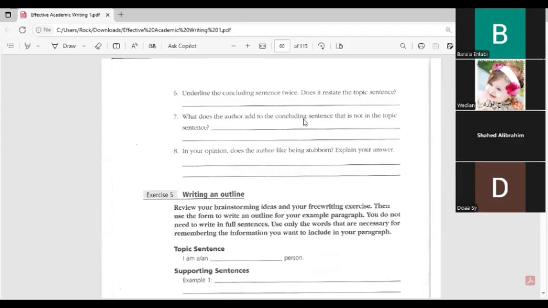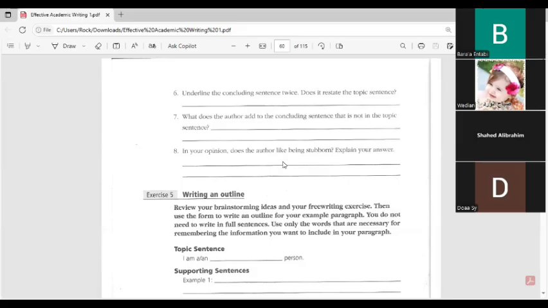This was not found in the topic sentence. So as I told you, in the concluding sentence, you can add your opinion and your feelings. You can restate the topic sentence. You can add your advice, for example, or your feelings towards something.